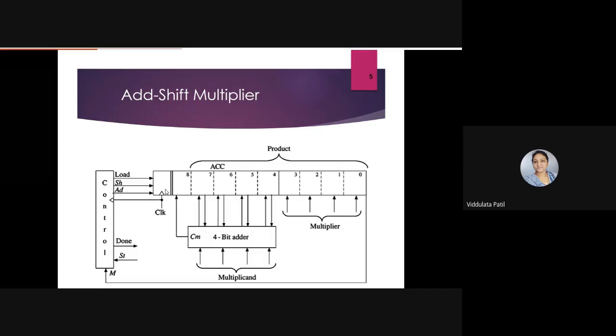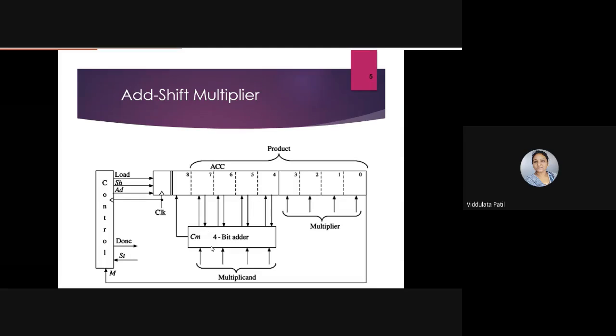Okay, so here this is the accumulator which is 9 bits, and in the last 4 bits we are going to store a multiplier. Then we are going to add these bits, that is from 7 to 4.